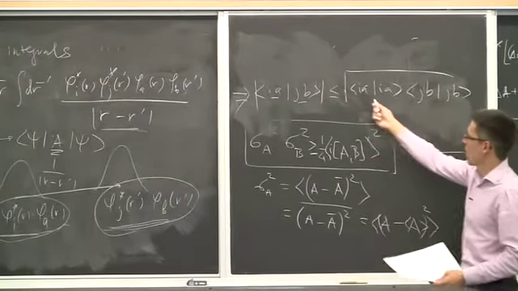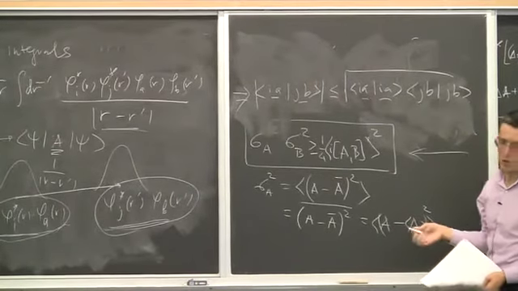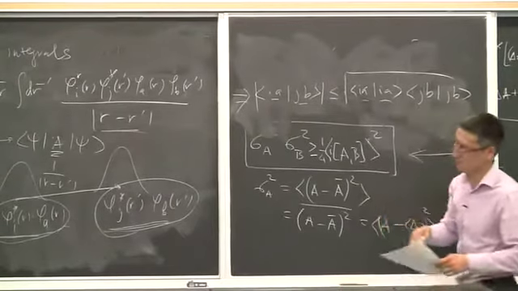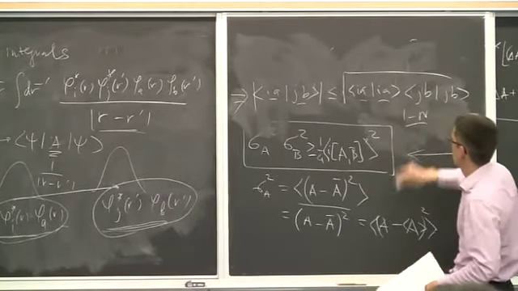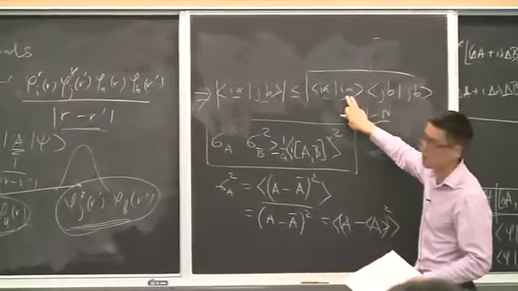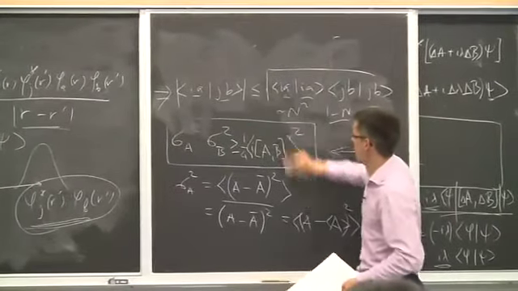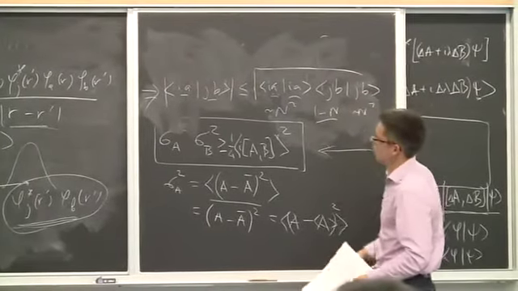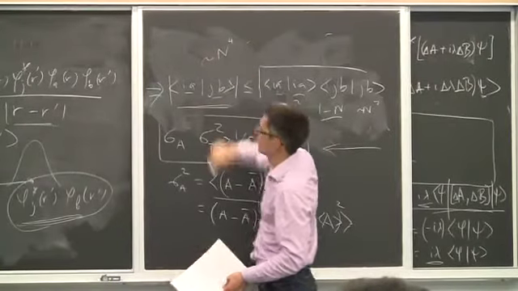So the number of terms like this grows only like the square of the size of the system, because each index runs, say, from 1 to n, right? And since these two indices are exactly the same as these two indices, the number of such integrals is proportional to n squared. The number of such integrals is also essentially proportional to n squared, while the number of such integrals is proportional to n to the fourth. All right.